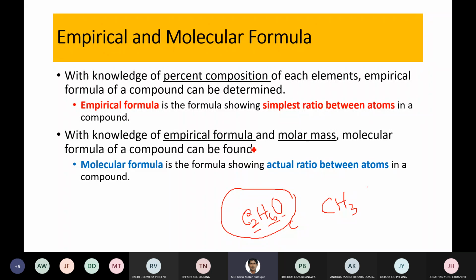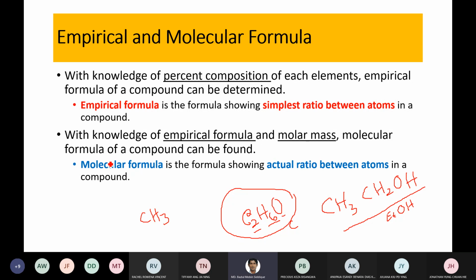So CH3CH2OH, this is a molecular formula because it is very detailed. It cannot be any other compound other than ethanol. This is ethanol, right? Ethanol sometimes is written EtOH in short to save time and effort. So this is ethanol. This is also ethanol, but it can be anything else.